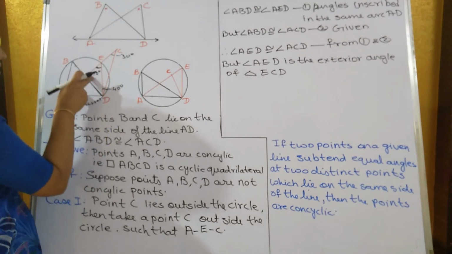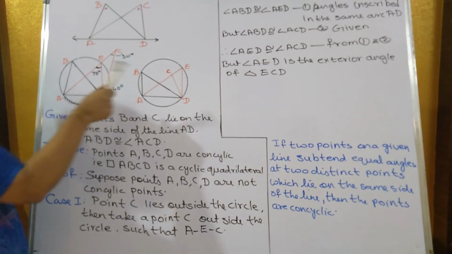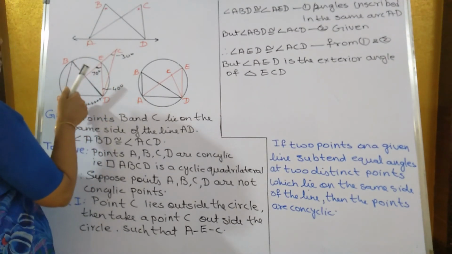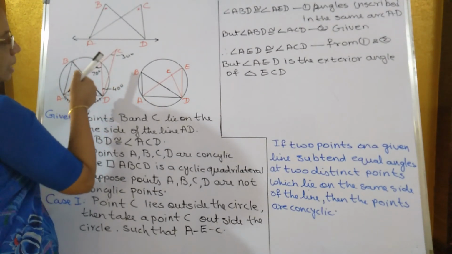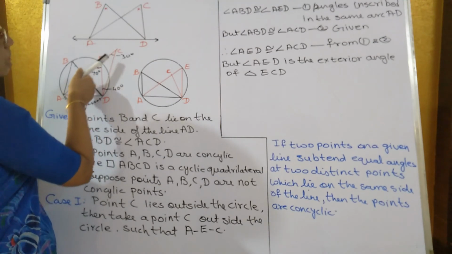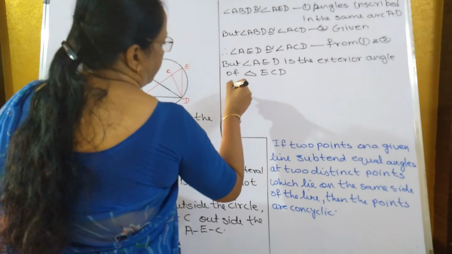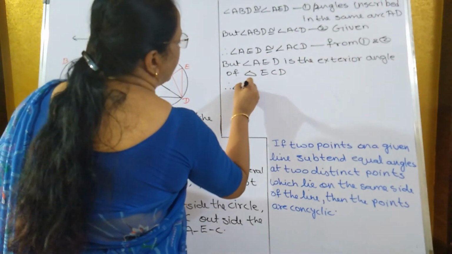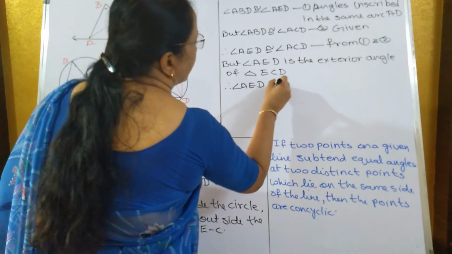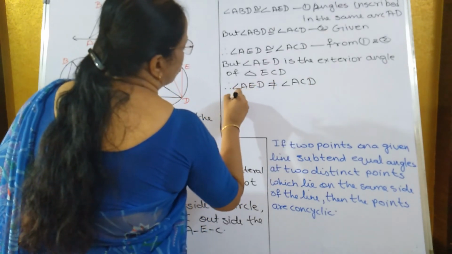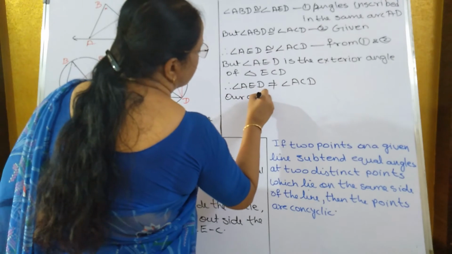And these two angles can never be equal. We have got that these two angles are equal, but it can never be, because this is an exterior angle and an exterior angle is always equal to the sum of the remote interior angles. Therefore, angle AED can never be equal to angle ACD. So our assumption is wrong.